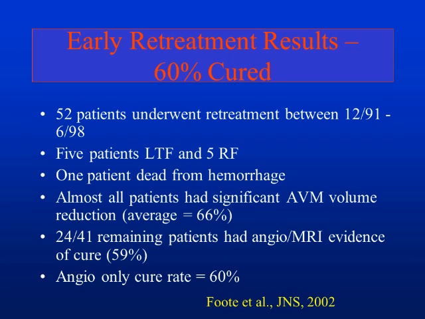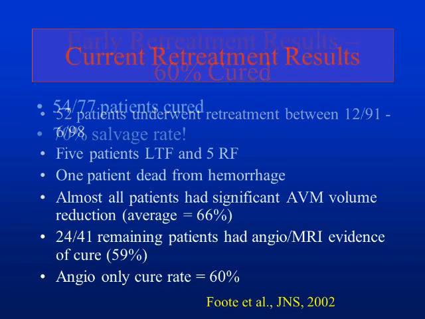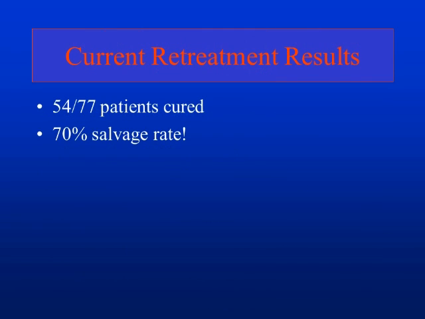If we retreated them, 60% of them were salvaged and cured. So retreatment was effective and retreatment was safe. Now we have actually retreated 77 patients, and our current salvage rate is 70%.